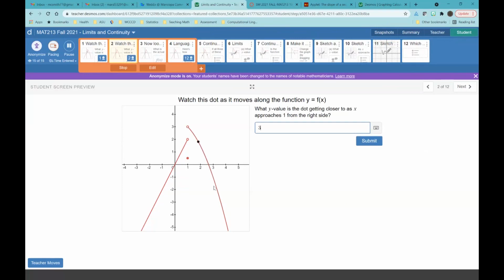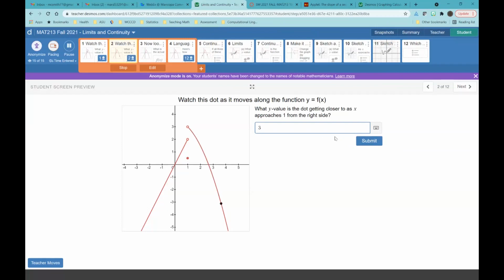Now, if you actually look for where the dot is in this graph, you can see the function value at x equals 1 is somewhere down here around 1/2. So again, when you're thinking of limits, imagine taking a ride on the graph exactly like this little dot, and ask yourself, what y value am I getting close to?